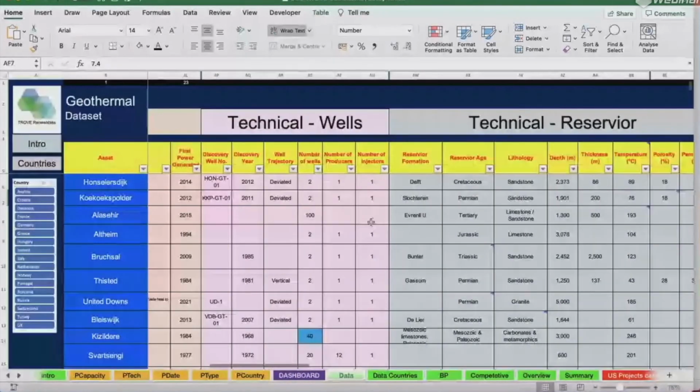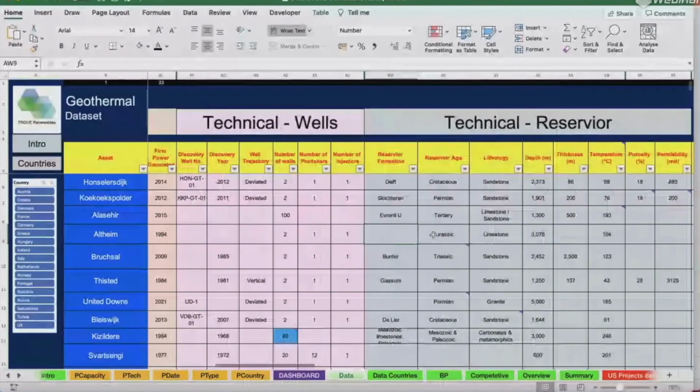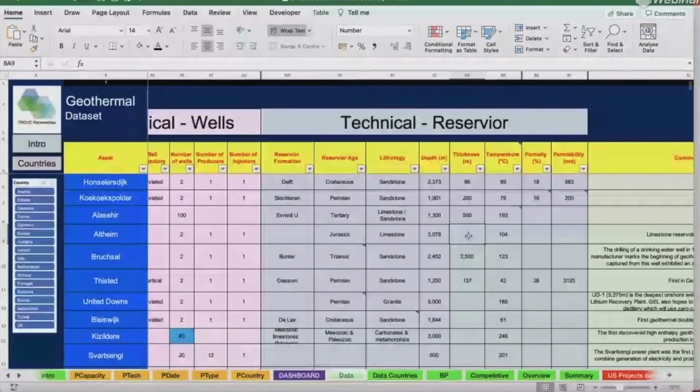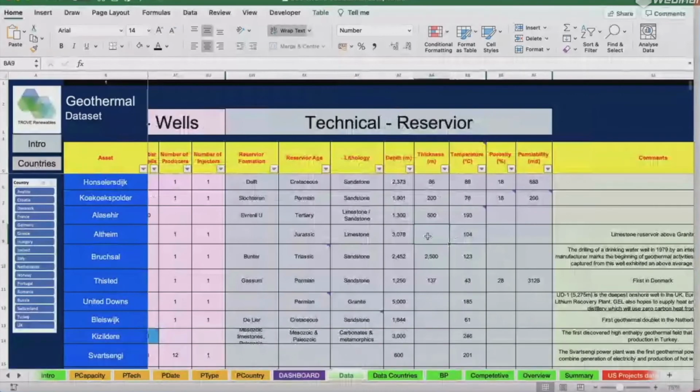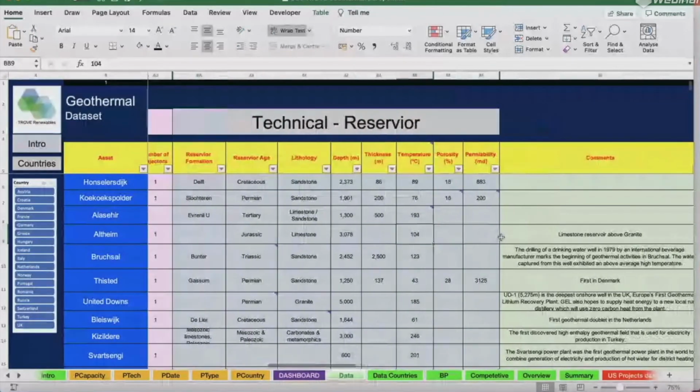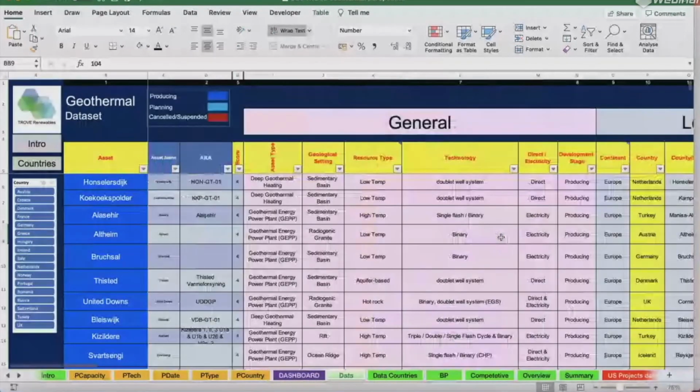We capture first power generated, and then information on the wells that are used, and information on the reservoir. So this can be particularly useful for estimating costs that a project might need, looking at the average reservoir depth and the lithology of the reservoir as well, how hard it's going to be to drill through. Also capture average reservoir temperatures.